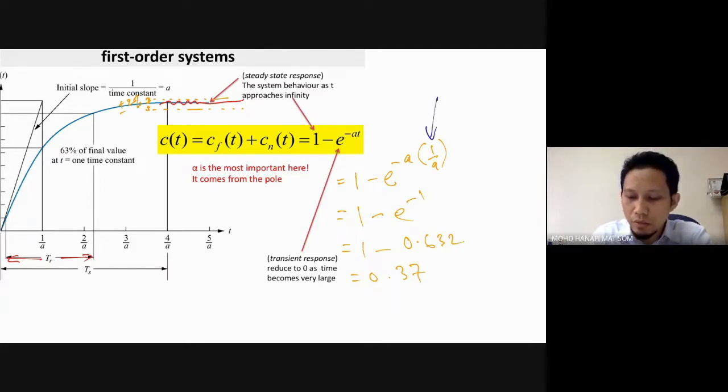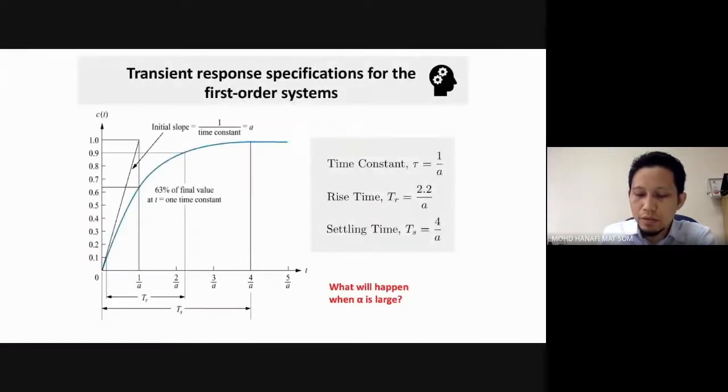The time constant is actually this expression here, 1 over a. So for the time constant, tau equals 1 over a. For the rise time, from the calculation given, we can use the rise time is 2.2 over a, and the settling time is equal to 4 over a.